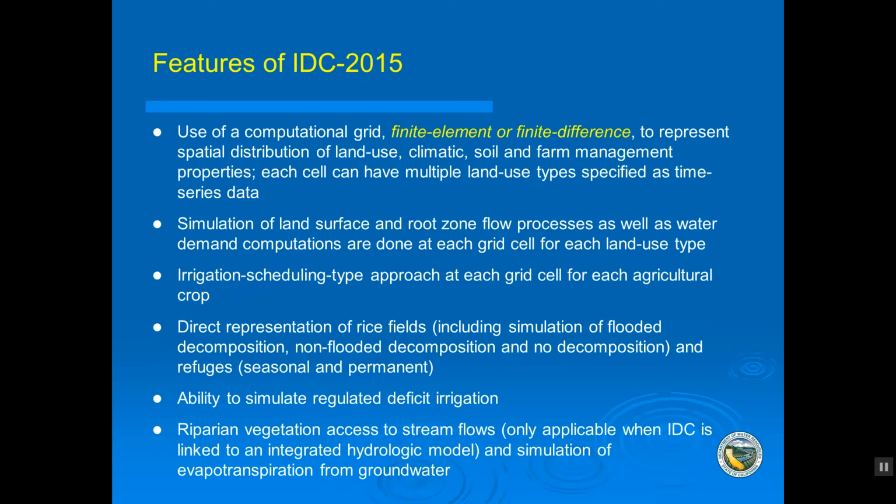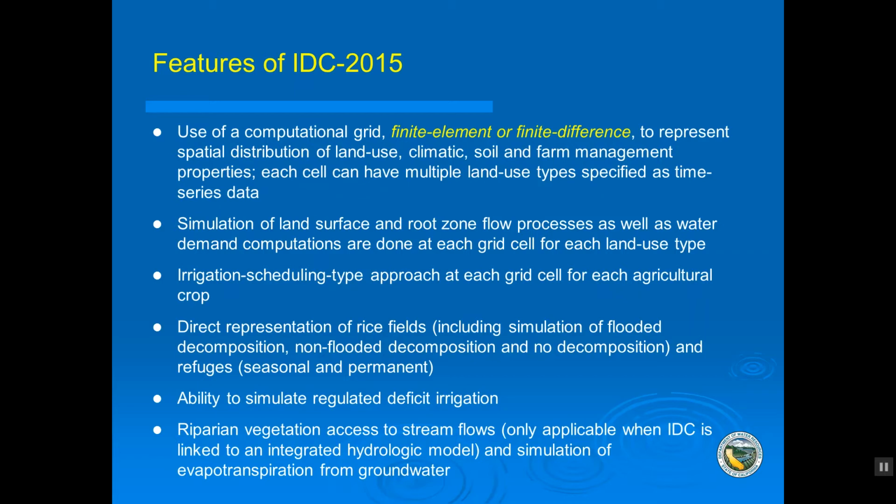Okay, some of the features of IDC. This is the summary of what we're going to go through for the next two days. It uses a computational grid. It can be a finite element or finite difference grid. But if you want to use a finite difference grid, you still have to represent it as if it's a finite element grid. You can do that.